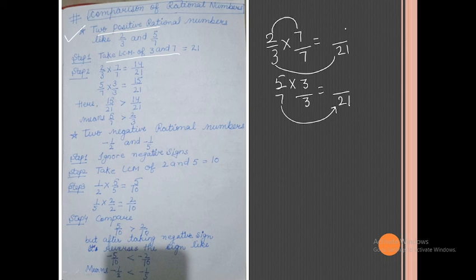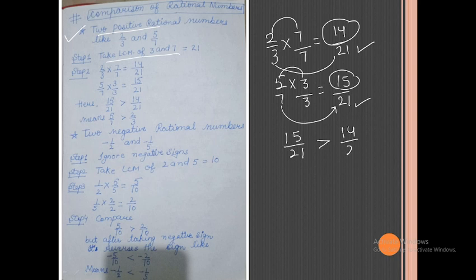Now multiply: 7 twos are 14, 5 threes are 15. Now you can see which value is greater. When denominators are the same, then we only look at the numerators to find out which is greater. Here 15 by 21 is greater than 14 by 21. And it's right: the original value 5 by 7 is greater than 2 by 3. Thus we can compare two rational numbers.